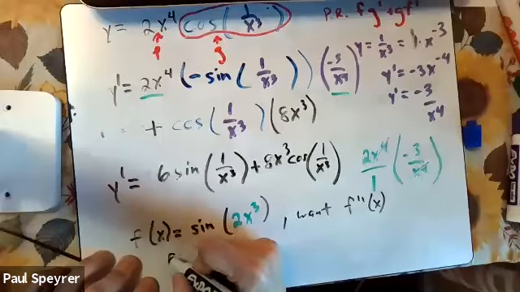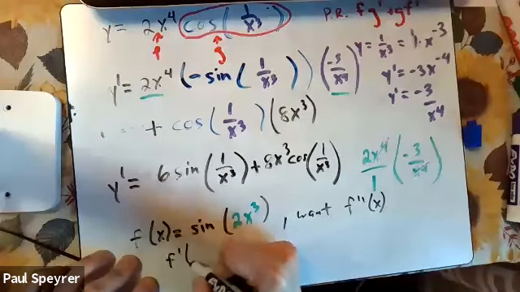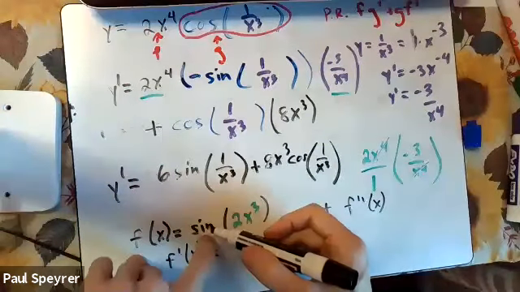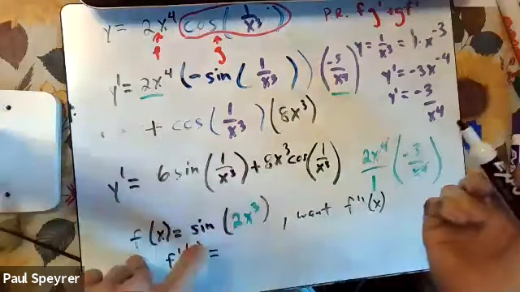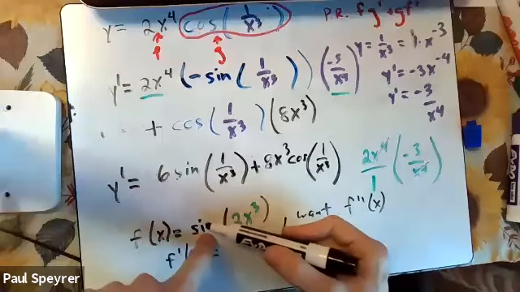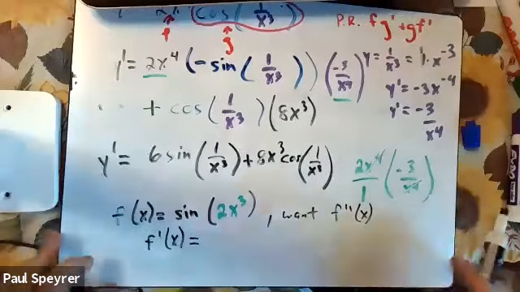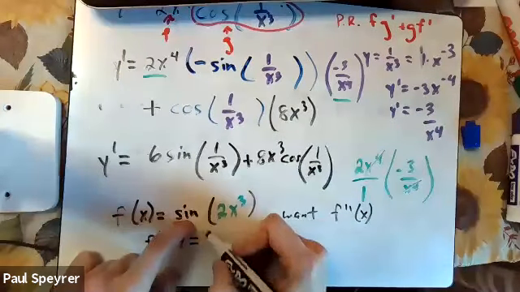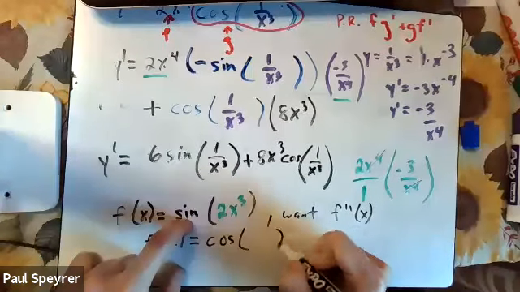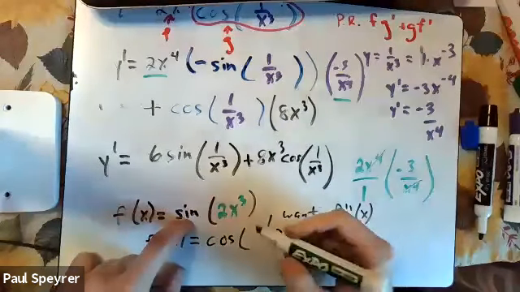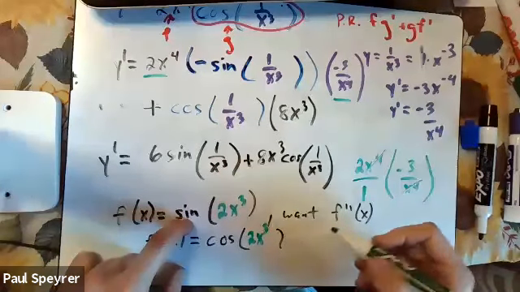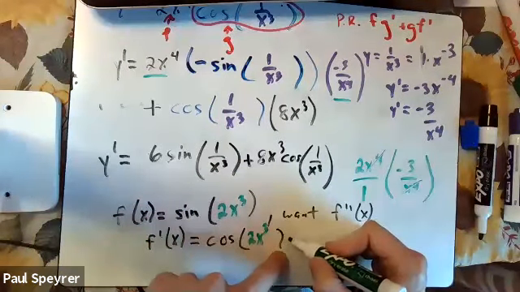So f prime of x. Chain rule, right? Again, one thing trapped inside another. So we have to derive the outside first. The derivative of sine is cosine, positive, and everything else remains the same. It's still 2x cubed. Now we have to derive the inside piece.